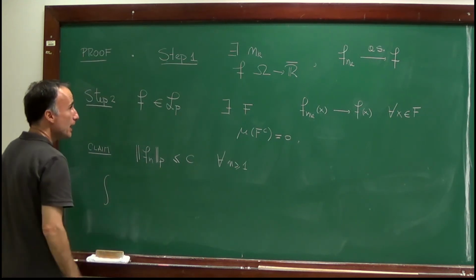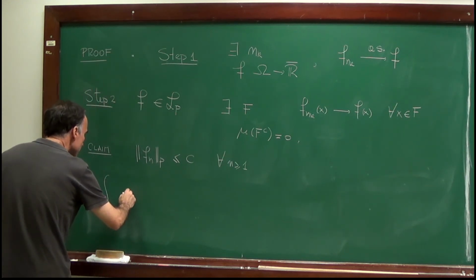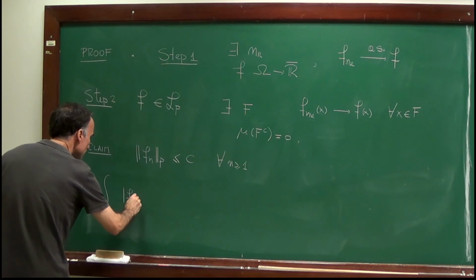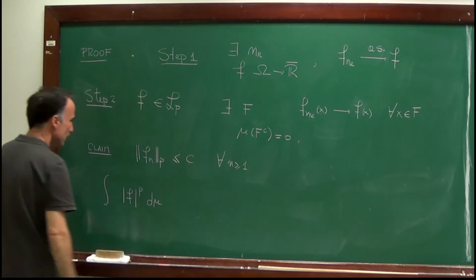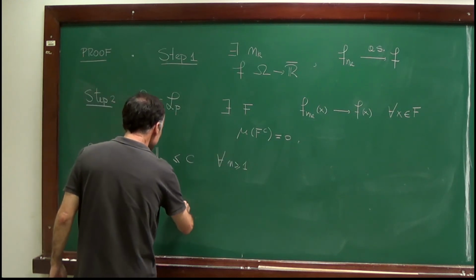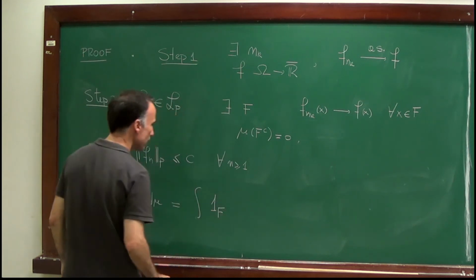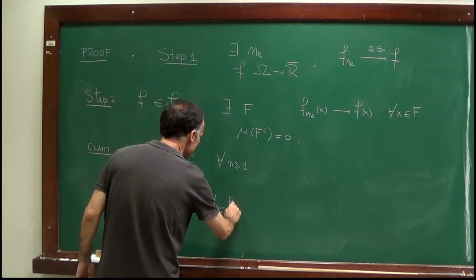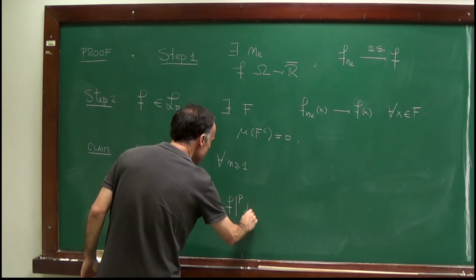So I have the integral of f to the power p d mu. Well, since the complement of the set where f is defined has measure 0, this is equal to the integral of the indicator of the set times the function f to the power p d mu.